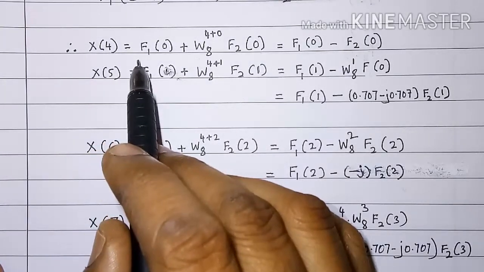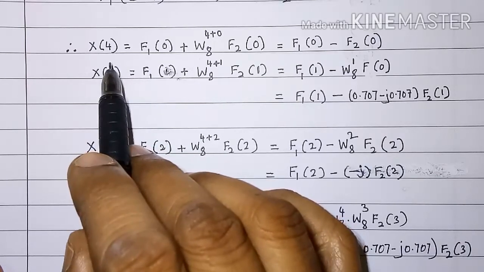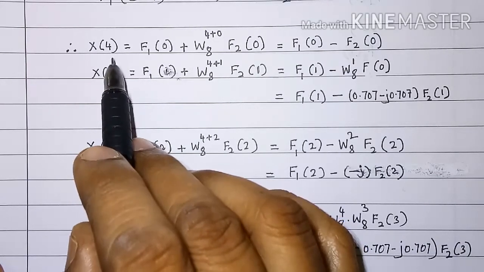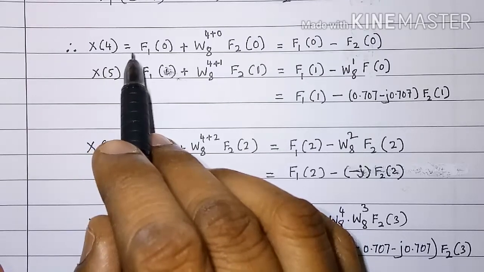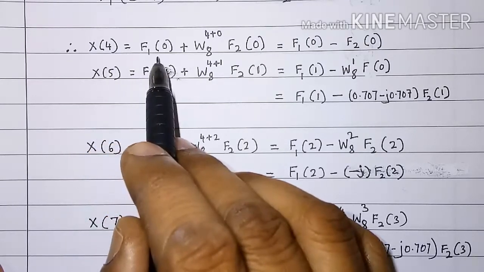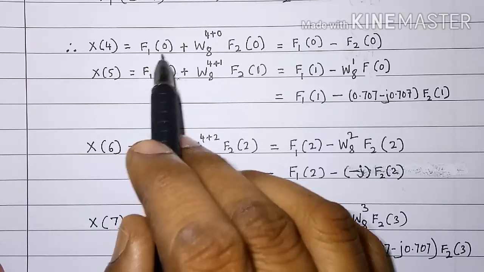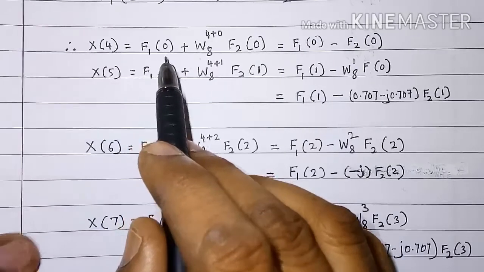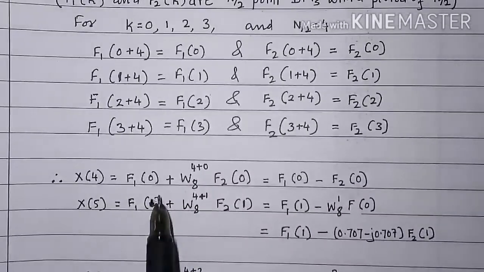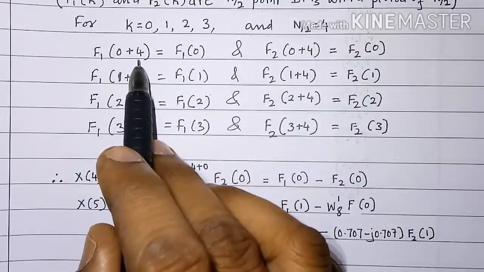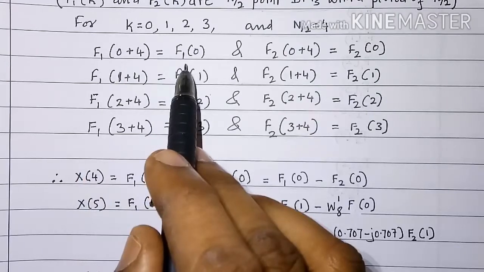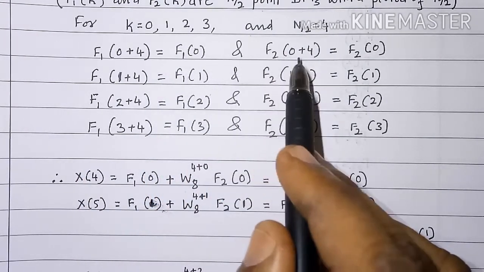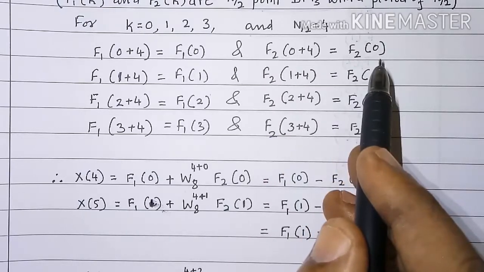Now X of 4 is in continuation with X of 0, X of 1, X of 2, X of 3. Next X of 4 equal to F1 of 4. But what is F1 of 4? We have written here F1 of 0 plus 4. That means F1 of 4 is equal to F1 of 0. Similarly, F2 of 0 plus 4, that is F2 of 4, is equal to F2 of 0.